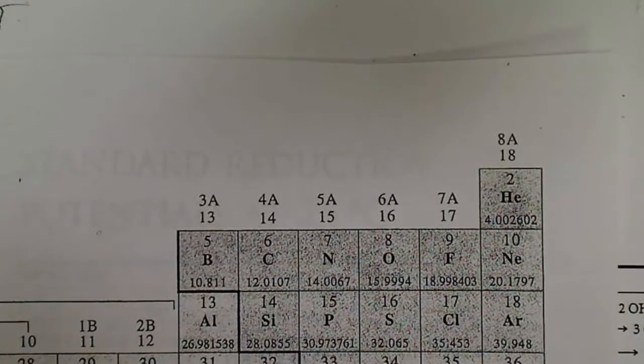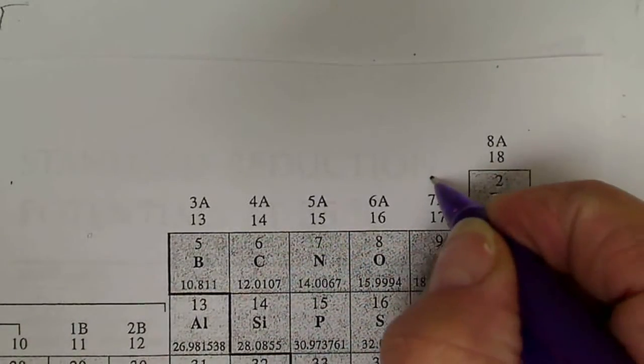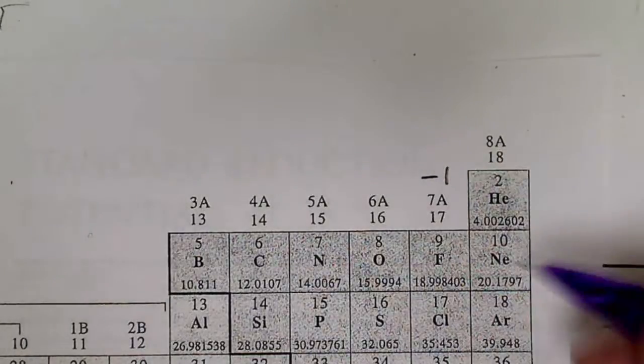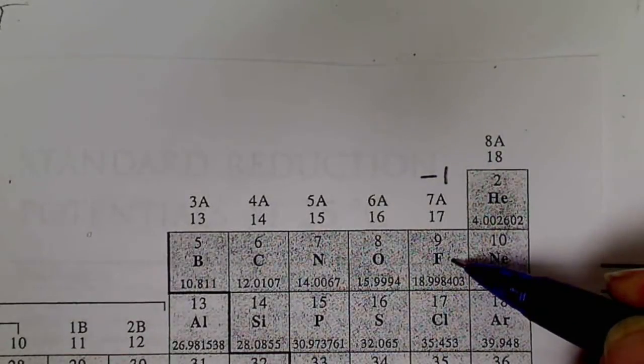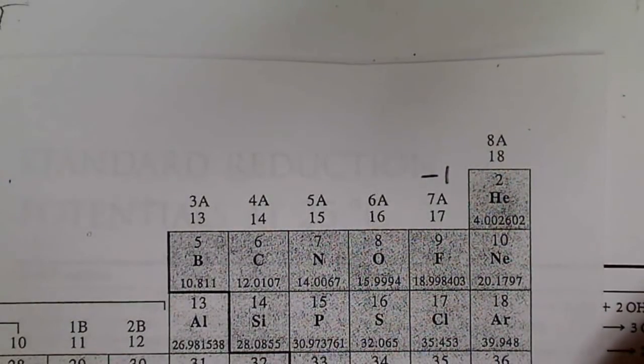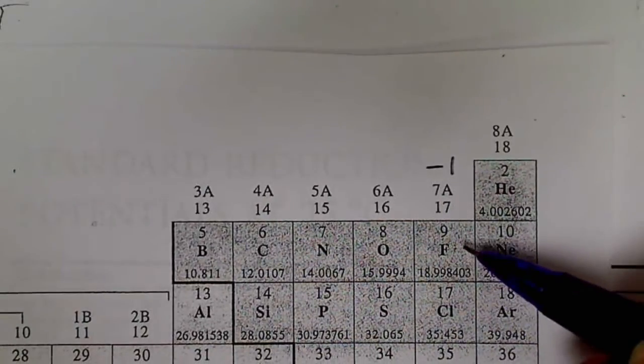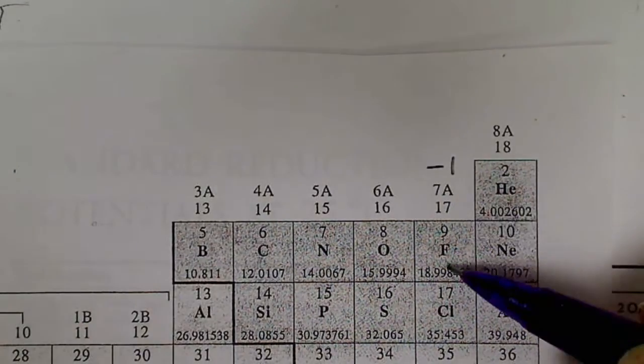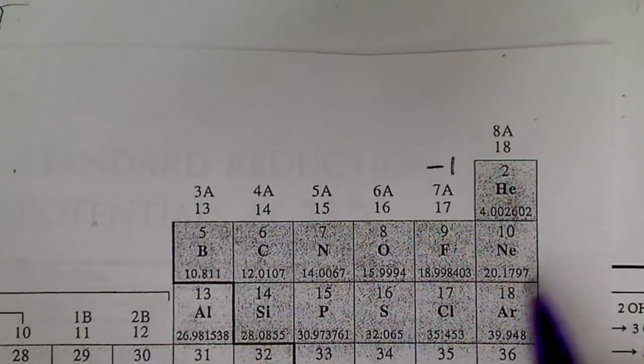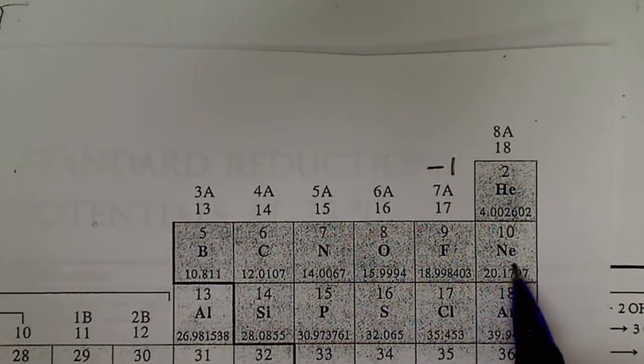If we go and remember the charges for ionic compounds, we put a -1 on a fluorine atom, chlorine, bromine, or iodine. These atoms like to steal electrons from metals so that their noble gas configuration is met.